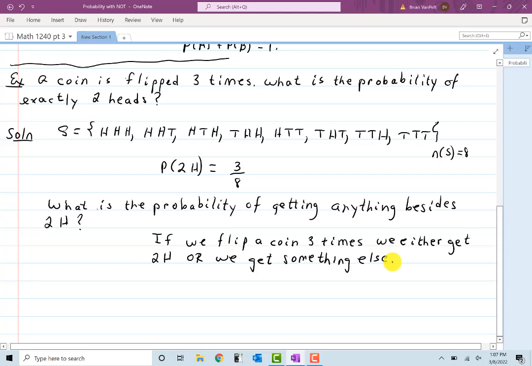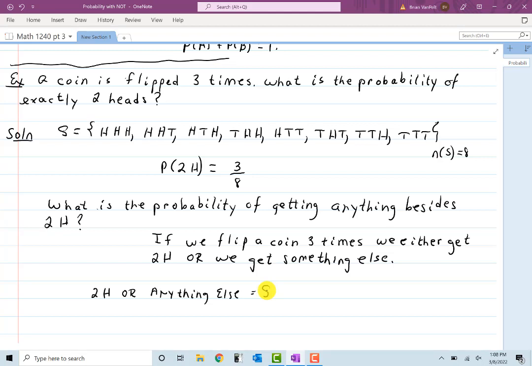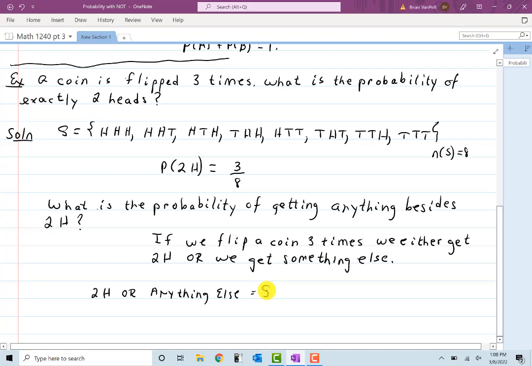So if I look at the event that contains 2H, so if I look at 2H or anything else, that collection of items is the entire sample space. You can always do this. You can always say if something has property X, then the collection of items that either have property X or don't have property X is everything.